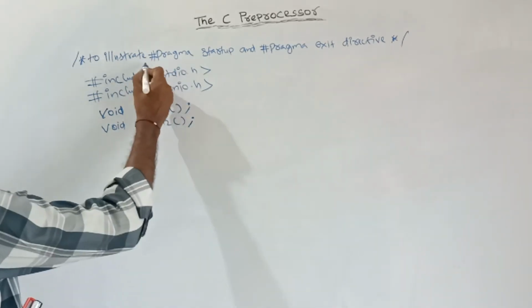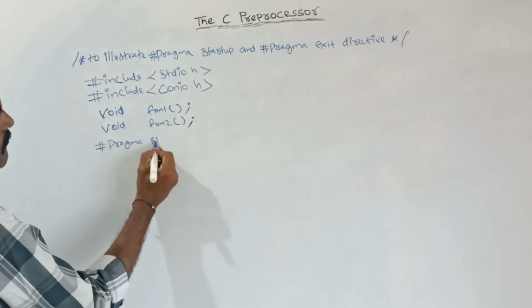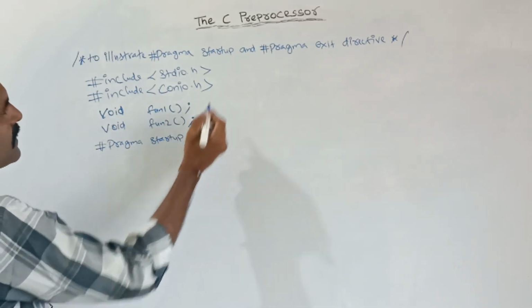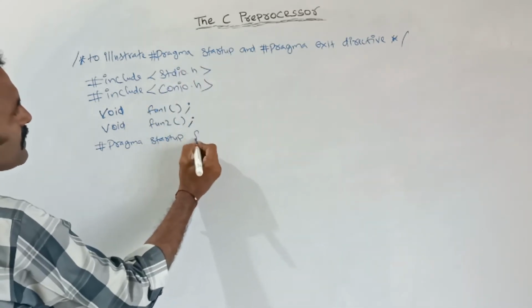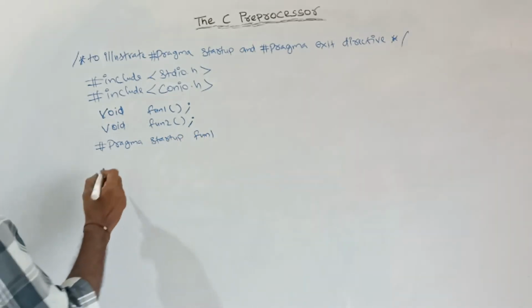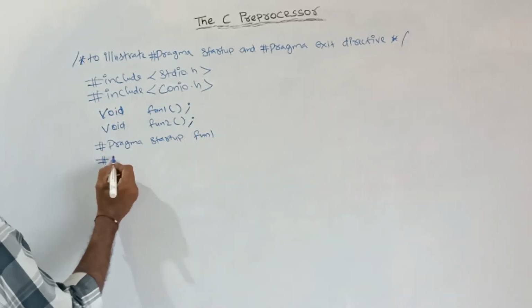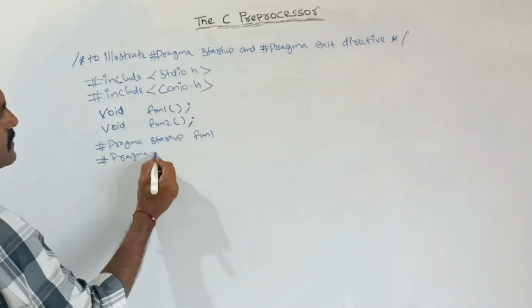Here I am using this pragma startup. With the help of this pragma startup directive, I am mentioning function 1, so that at the very first this function will be executed. Next, in the same way, pragma exit.